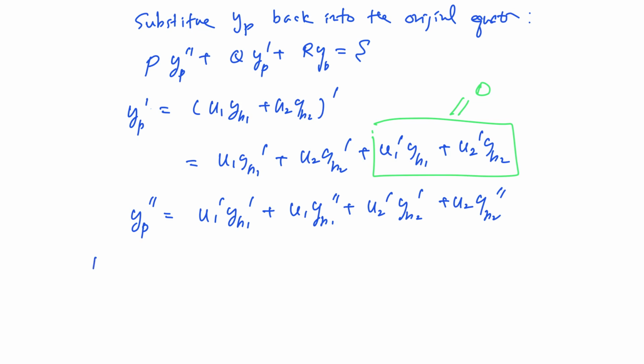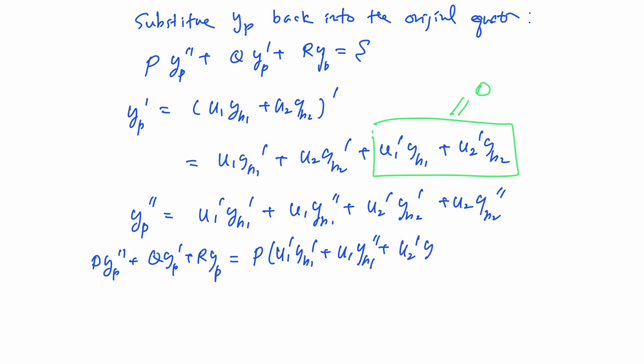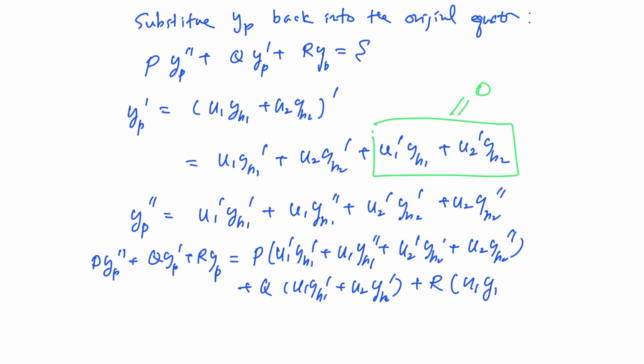P times that, plus Q times u1 yh1 prime plus u2 yh2 prime, plus R times u1 yh1 plus u2 yh2.